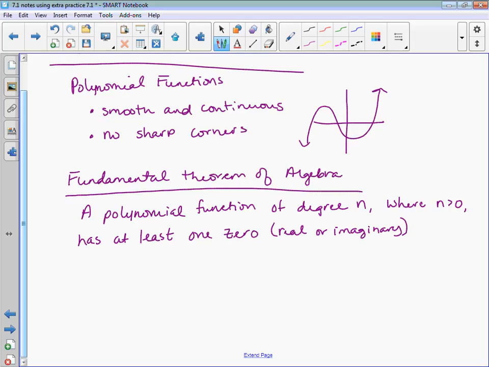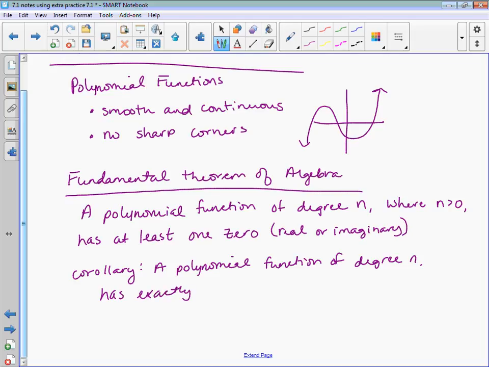And then your corollary to this. A polynomial function of degree n has exactly n zeros, including repeated zeros.